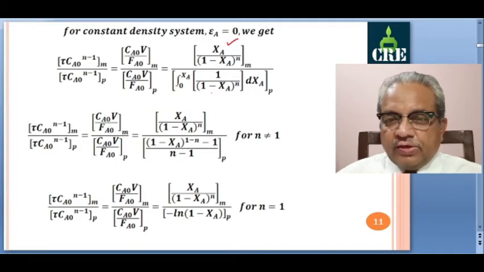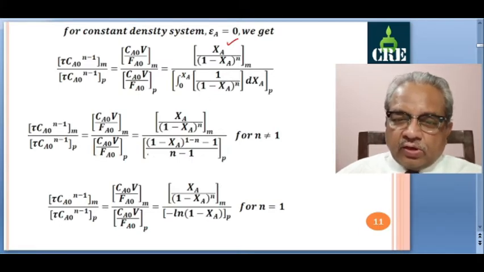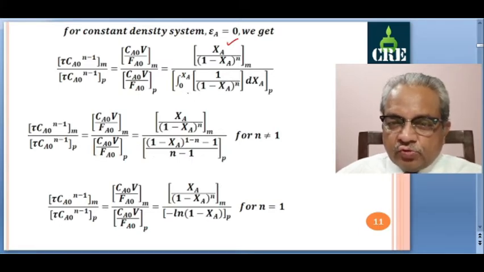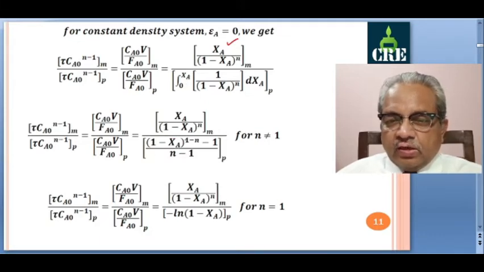If you solve this integral, this can be taken to the numerator as (1 minus Xa) raised to minus n. Integration gives minus n plus 1 divided by minus n plus 1, into 1 upon the derivative of this, which is a minus sign. We have solved this kind of thing earlier. So our result after substituting the limits of 0 to Xa is (1 minus Xa) raised to 1 minus n, minus 1, divided by n minus 1.